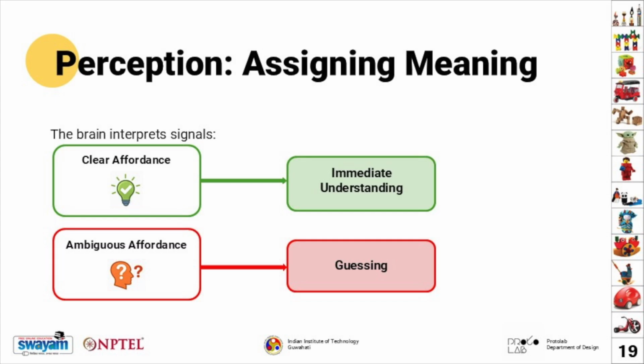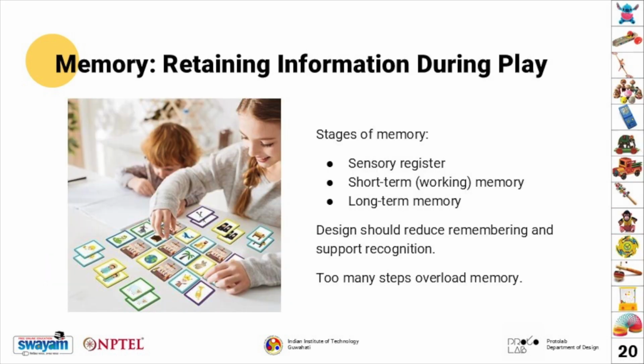If appearance and function mismatch, the child must experiment repeatedly. Repeated trial increases cognitive effort. The goal is intuitive interpretation, with consistent color coding and form recognition. This understanding should happen before instruction.